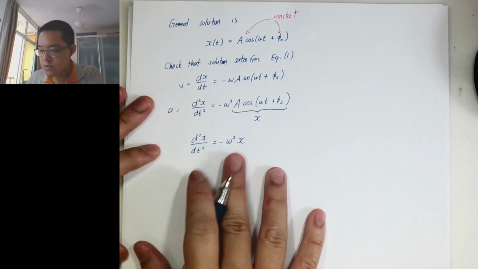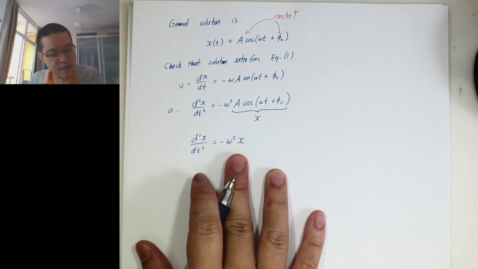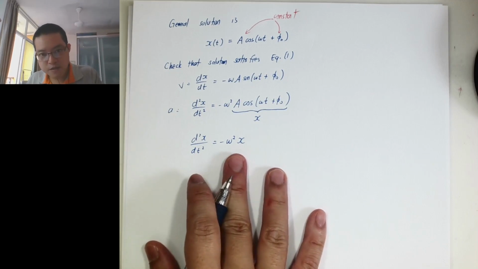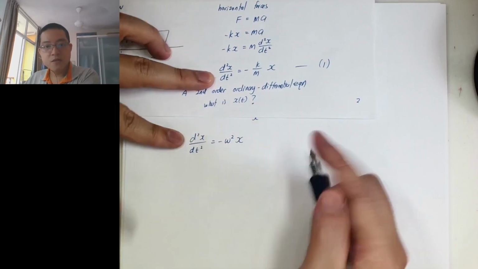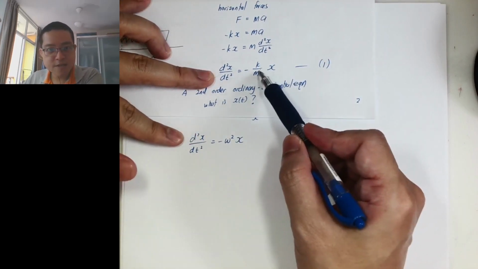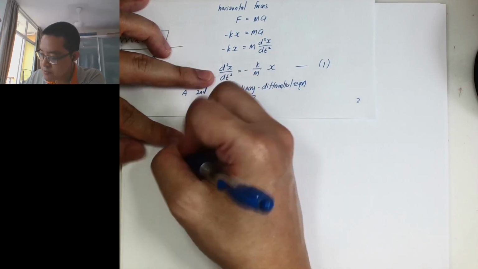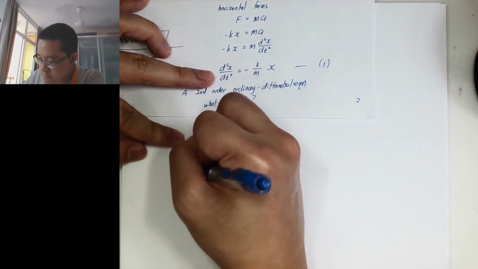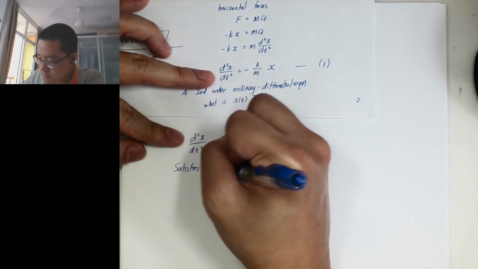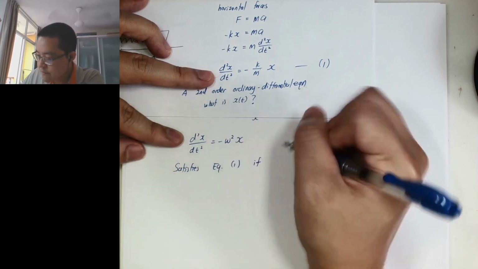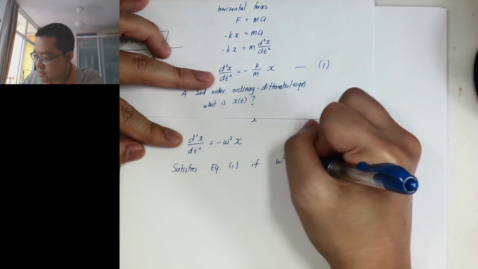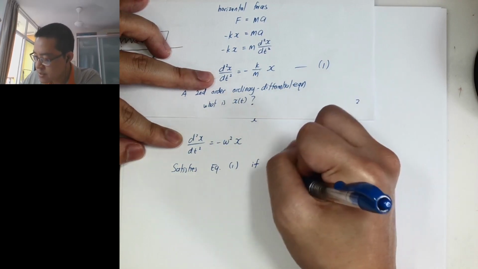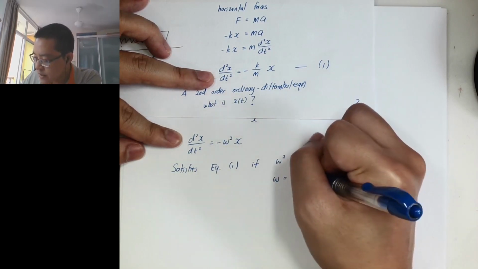Right? So does this omega squared satisfy equation 1? Let's look at equation 1. This will satisfy if this constant is equal to this constant. From here we find that omega squared is equal to k over m, or in other words, omega is the square root of k over m.